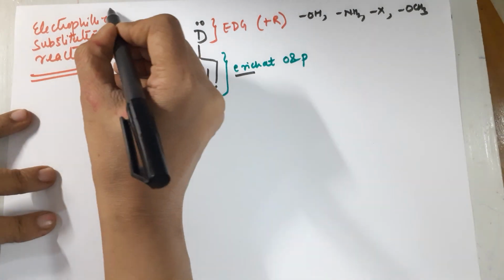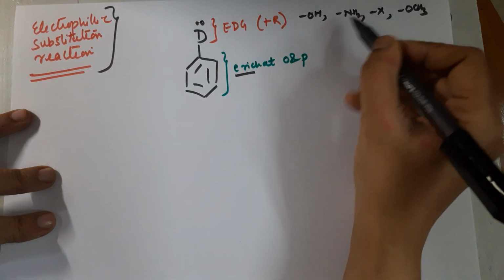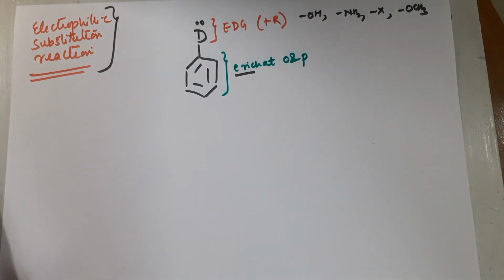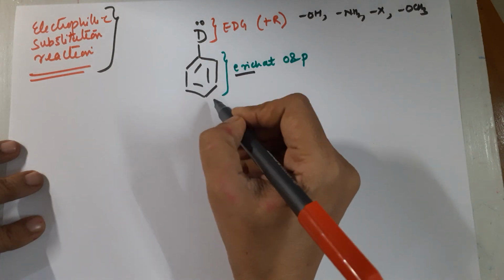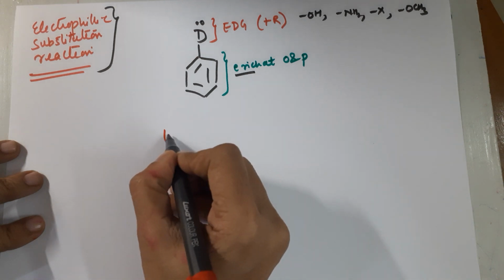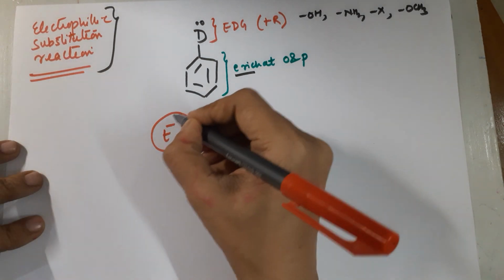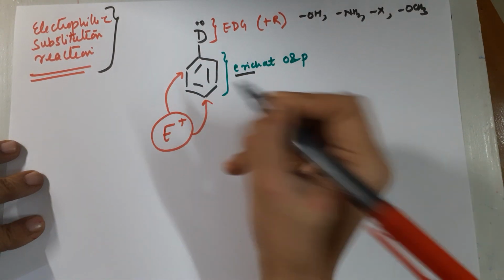So whenever there is an electrophilic substitution reaction on such compounds, phenol, aniline, chlorobenzene, anisole, which means you have an electron rich identity at ortho and para position. So your electrophile, due to these reactions, will go and attack only at ortho or para.